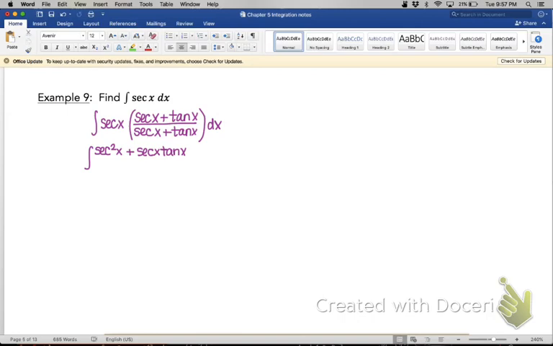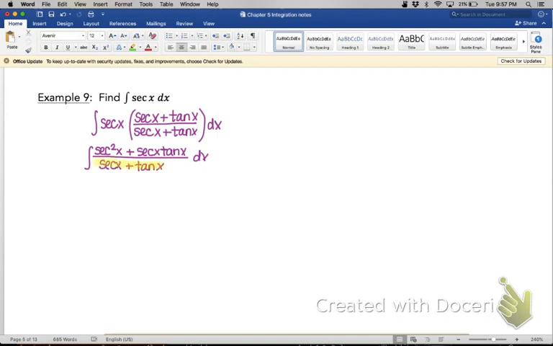And hopefully that is kind of maybe making some light bulbs go off there, because those are both of the forms that we just talked about. And that is over secant of x plus tangent of x dx. Now, if we can get this to the form of u prime over u, that would be excellent.